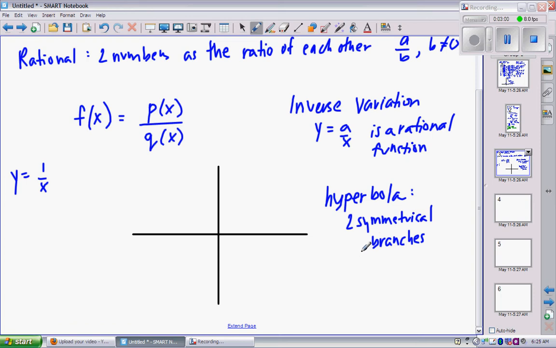Your domain and range are going to be all non-zero numbers, so basically every number except 0. And you'll see why in a second. For y equals 1 over x, your domain and range are all non-zero numbers. Cannot equal 0, in other words. Let's plug in some numbers.